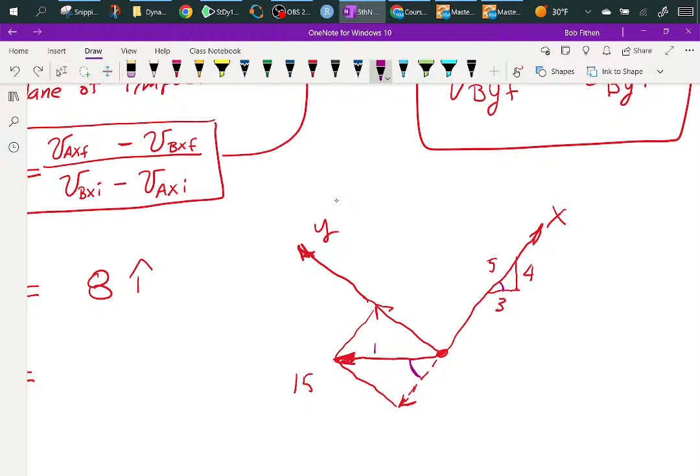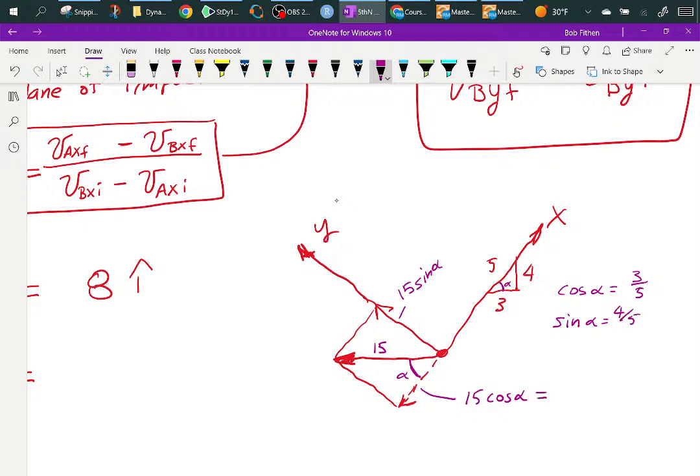So, this is 15. I'm going to look at something interesting here. I'm going to just call this alpha. This is 15 cosine alpha, and this is 15 sine alpha. From up here, cosine of alpha is equal to 3/5, and sine of alpha is equal to 4/5.